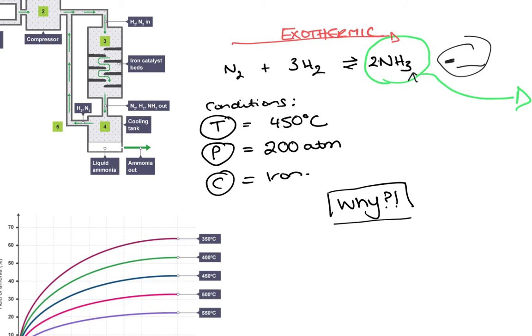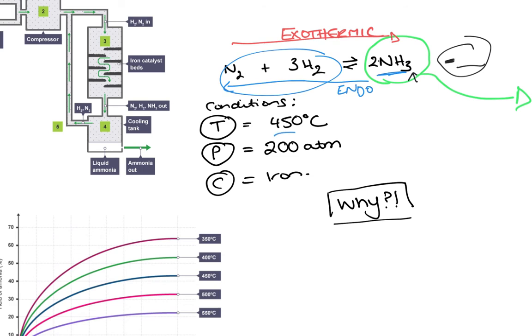And we know that when you increase temperature, it will always push the equilibrium toward the direction that is endothermic. Our endothermic direction is actually backwards. So by having a high temperature, we reduce the yield of ammonia because we make more nitrogen and hydrogen, which is really not ideal.